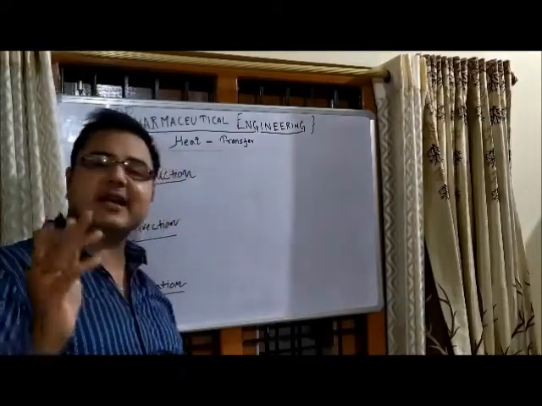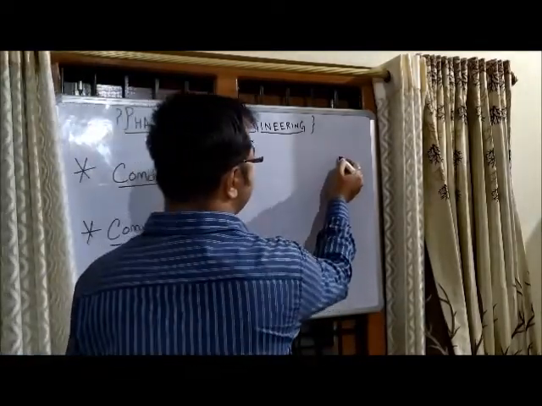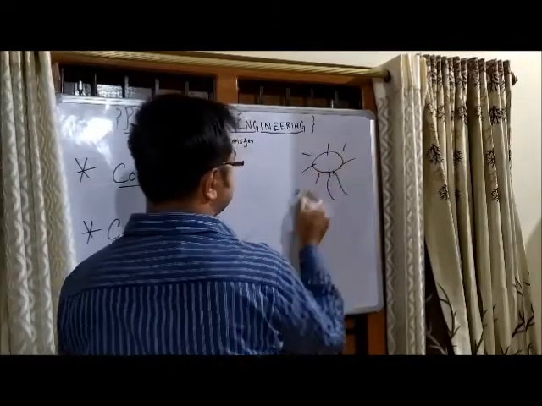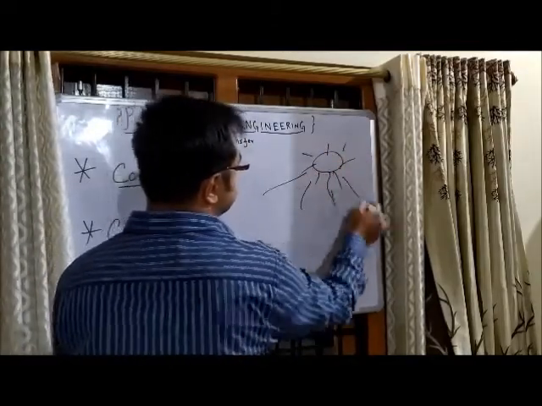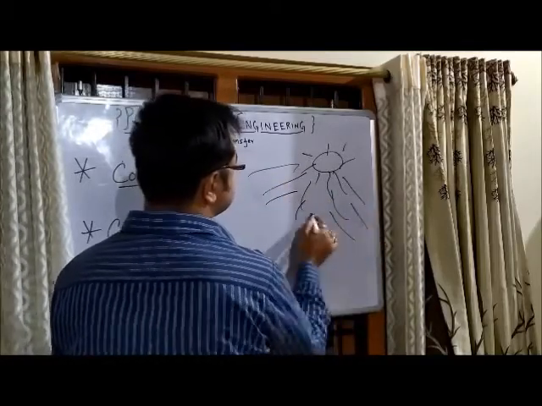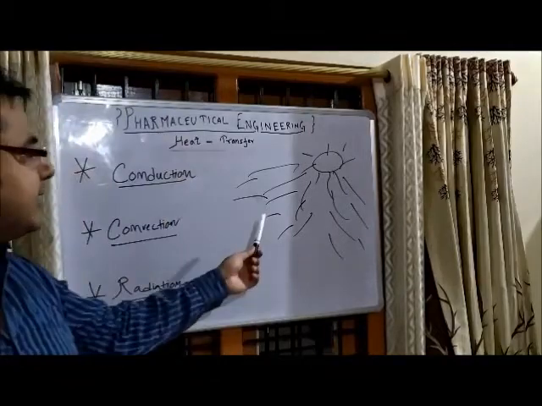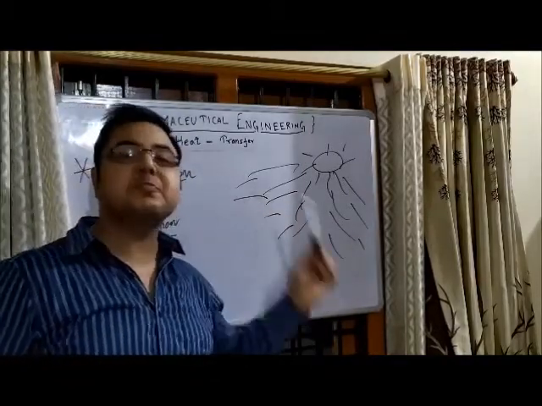The last part of the heat transfer mechanisms is radiation. In radiation we have one source. Suppose we consider the sun as the source. The sun radiates energy, which is provided to everyone through space.